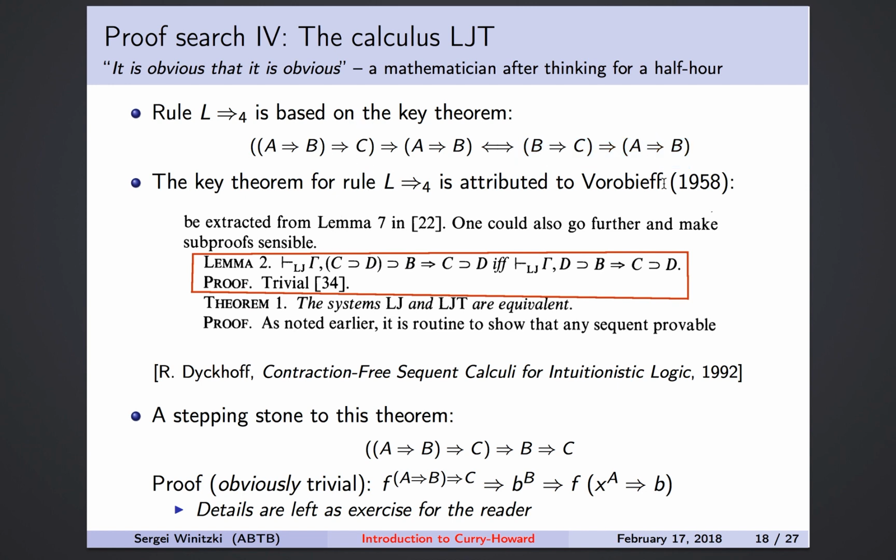This key theorem was attributed to Vorobyov by Dyckhoff in his paper. This is lemma 2, which says that this derivation holds if and only if that derivation holds, so there are these two equivalences, and the proof is trivial, and the 34 is a reference to Vorobyov.